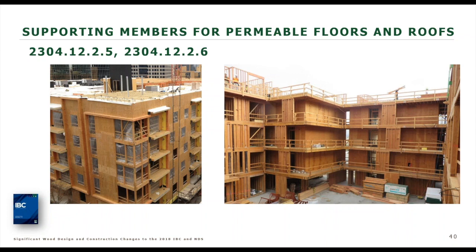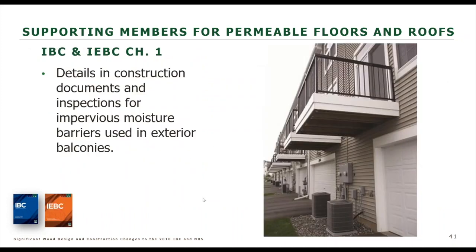And so to mitigate against possible issues in the future, the code has been updated to provide some measures in place. One of those has to do with Chapter 1 of the IBC and the IEBC, the existing building code, that now requires details in the construction documents and inspections for the impervious moisture barriers on those exterior balcony areas. So very important, details and inspections where we have these impervious moisture barriers.